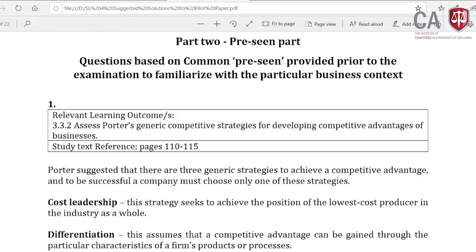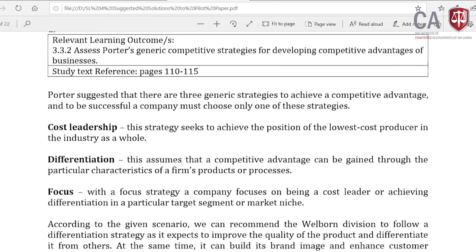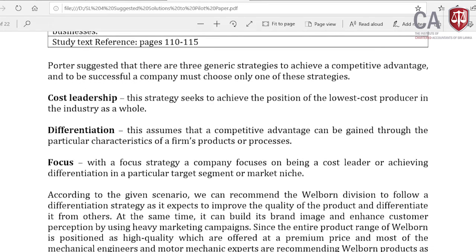Now, he is talking about the three strategies. Look at what he says on this. First, he talks about cost leadership. Cost leadership, these strategies seek to achieve the position of the lowest cost producer in the industry as a whole. So, you are trying to become the lowest cost producer in the industry.